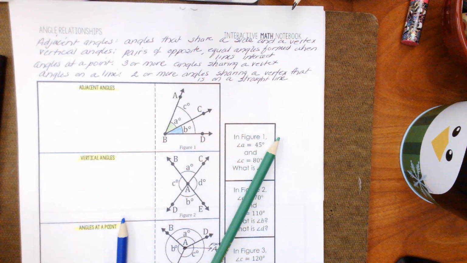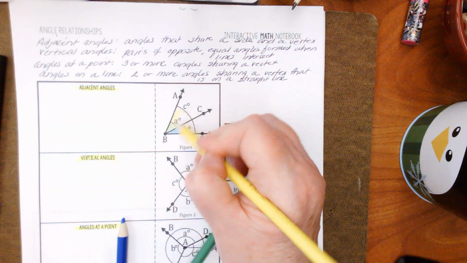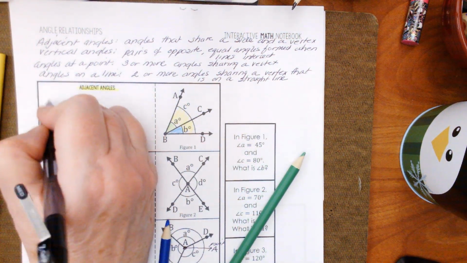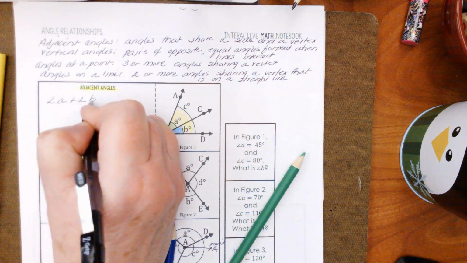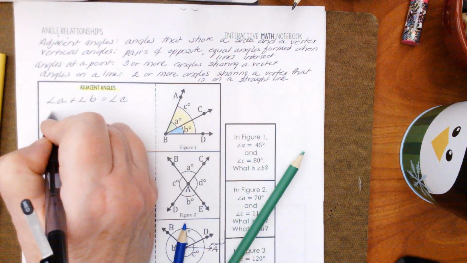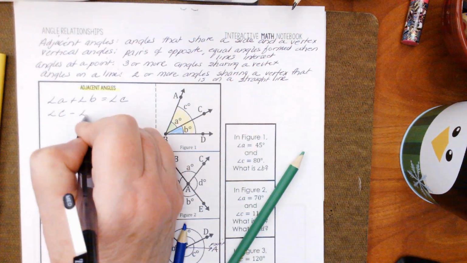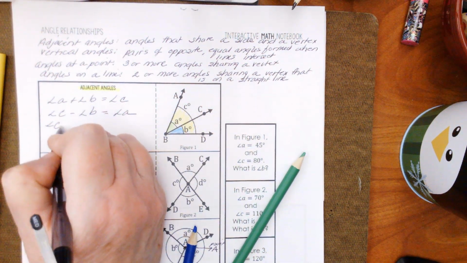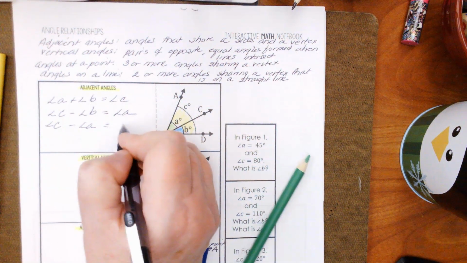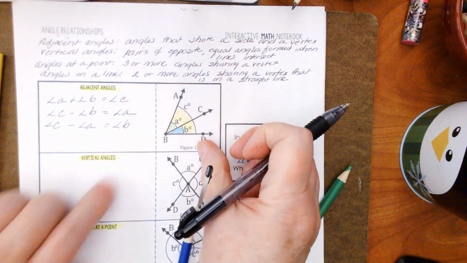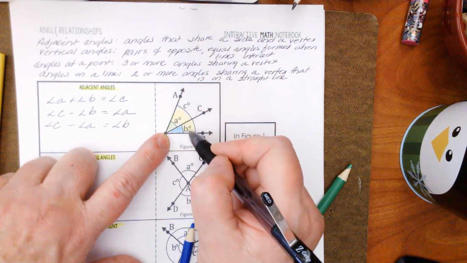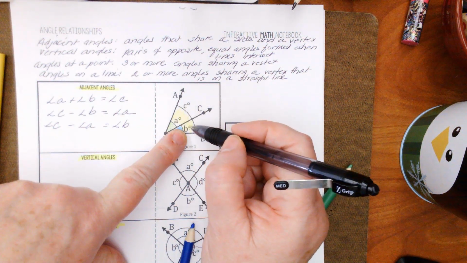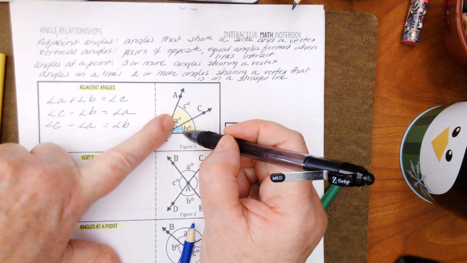And A and B together makes C. So when we say angle A plus angle B equals angle C, then angle C minus angle B equals angle A, and angle C minus angle A equals angle B. So this is angle A, angle B, and combined they make C. So if you took away this part, that equals A, and if you take away this part, it'd be angle B.